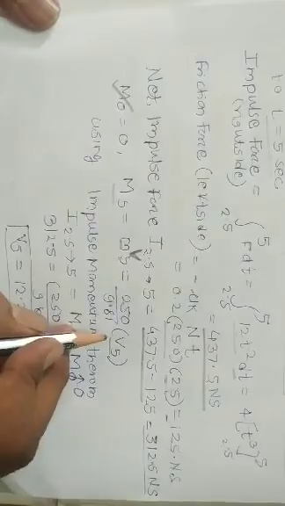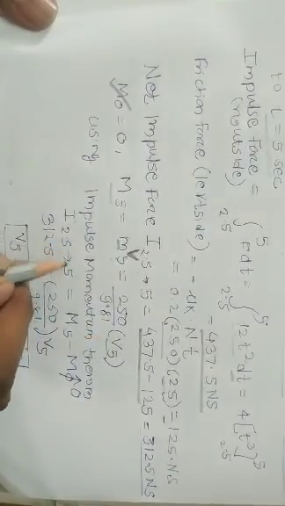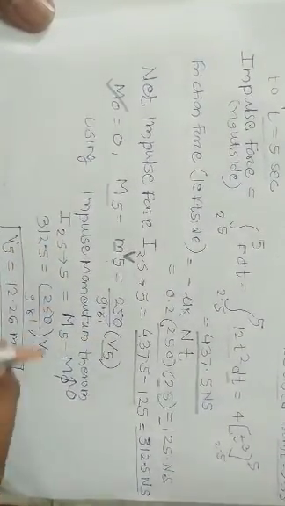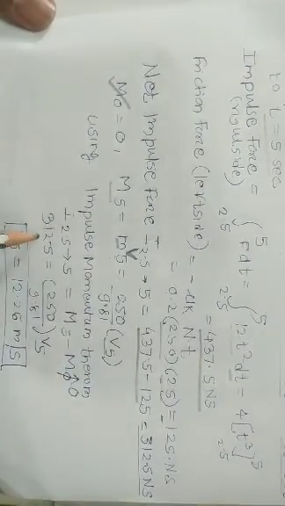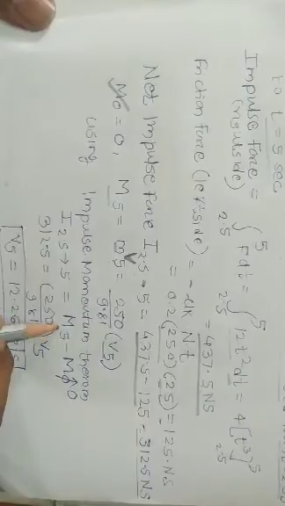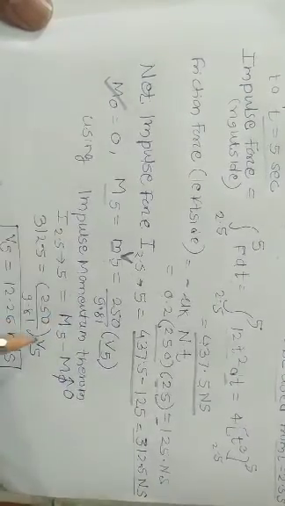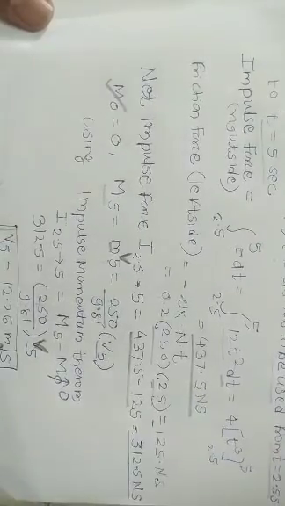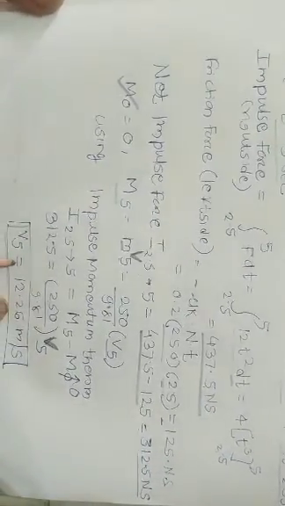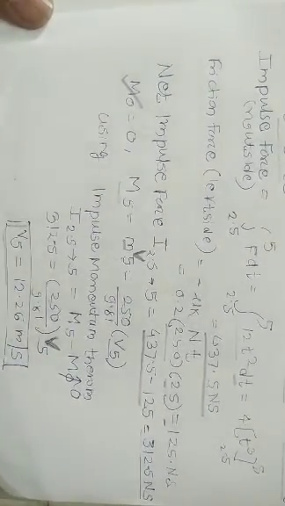So using the impulse momentum theorem, impulse from 2.5 to 5 is equal to m5 minus m0. m0 is 0, so 312.5 equals m5, where the mass is 250 over 9.81 times v5. After solving that, we get v5. The velocity at 5 seconds is equal to 12.26 meters per second.